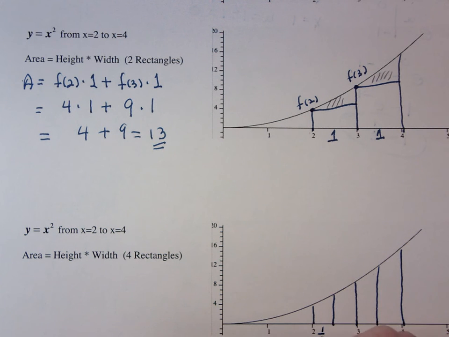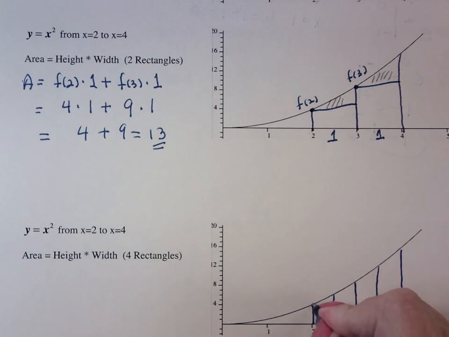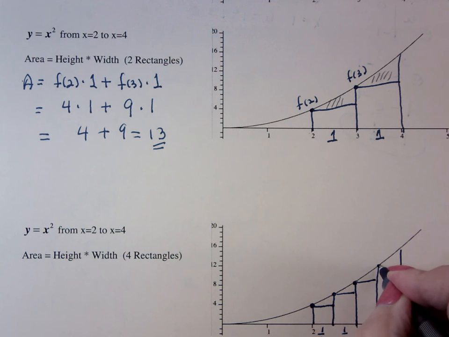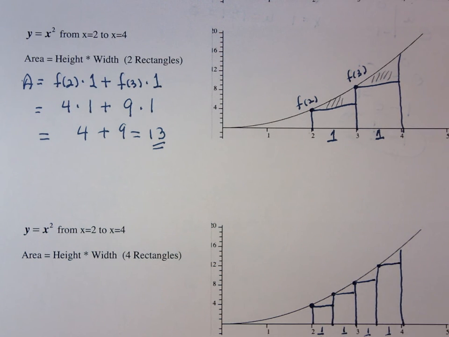Now, the base of each rectangle is a half a unit. And then I hit the curve, come over, hit the curve, come over, hit the curve, come over. I'm still going to be too small, but the error is going to be less.